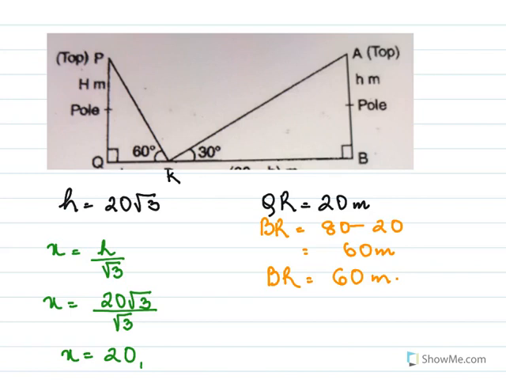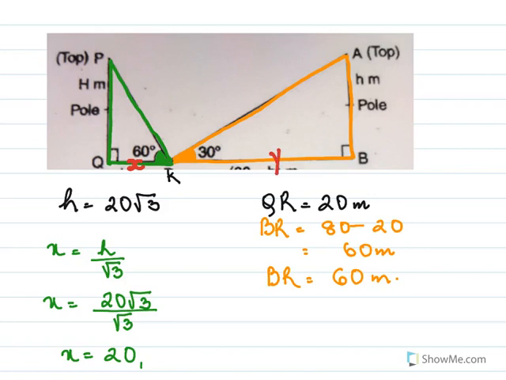To go over the sum again, we took this triangle here. With the help of 60 and 10, we found the value of this x. Then we went to the other triangle which has the 30, and with the help of 10, we found y.